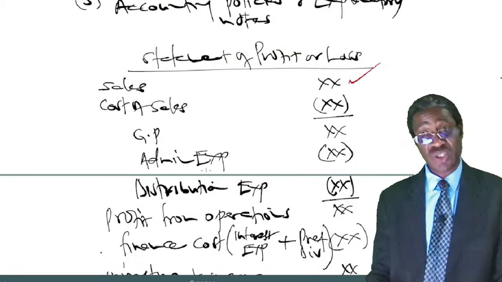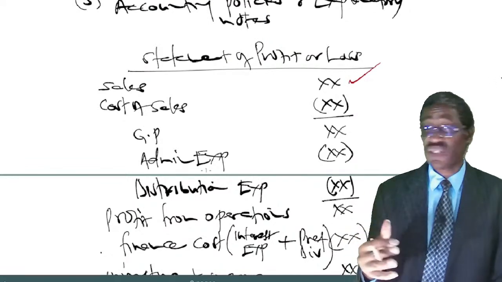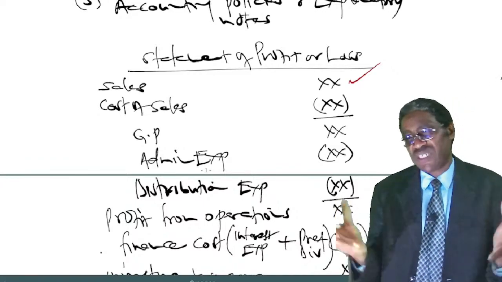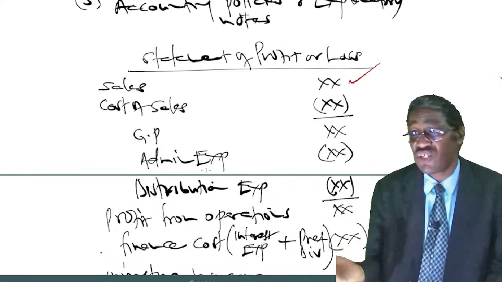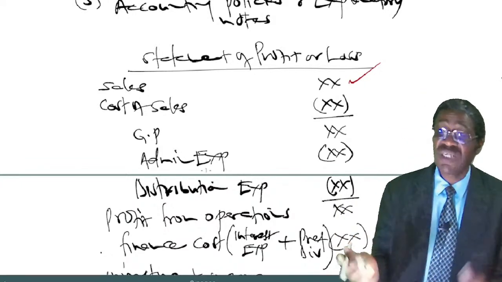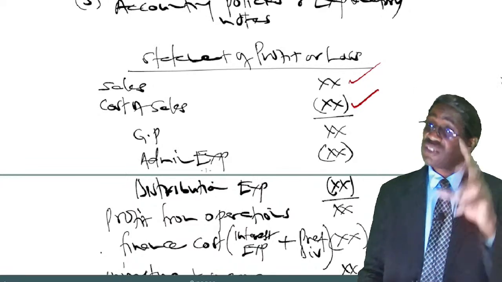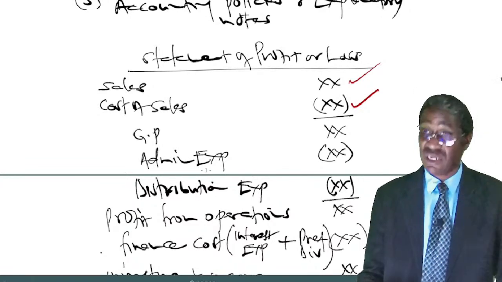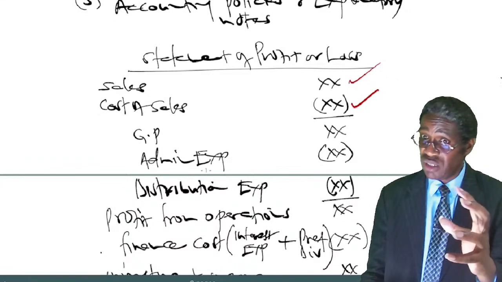That does not change. Most of the time the sales figure is not affected, but if it's affected by whatever adjustment the question gives you, adjust and bring the right amount. Cost of sales is something you have to calculate somewhere. That is obvious.